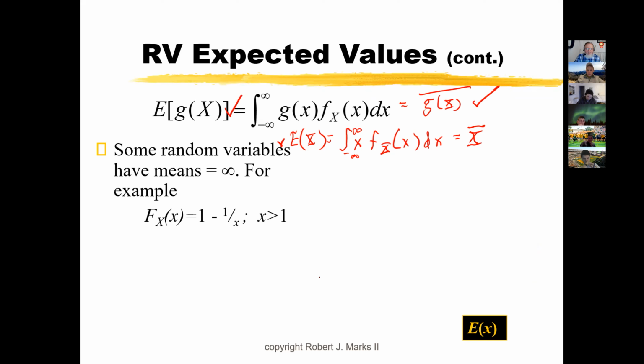Now let's take, I think, kind of an interesting case. It turns out that if this is true, then the derivative f sub x of x is equal to the derivative of this, which is 1 over x squared for x greater than 1, and we will just assume that it's 0 for other values. Is that okay?